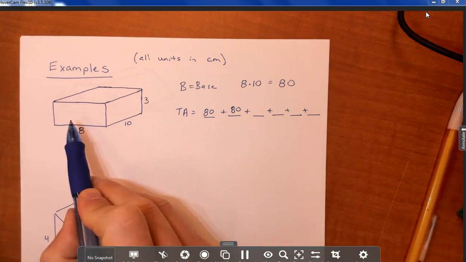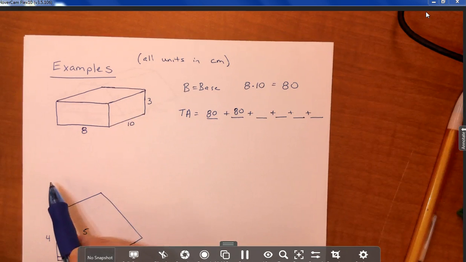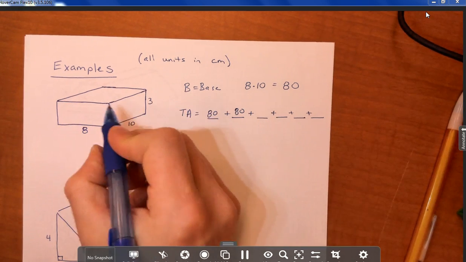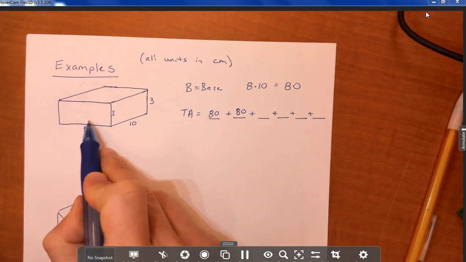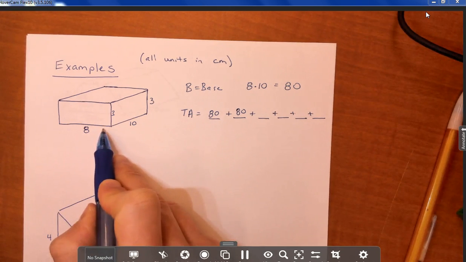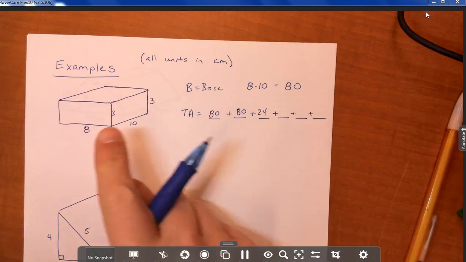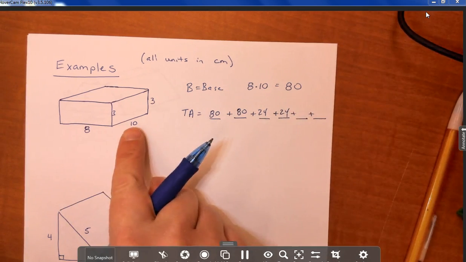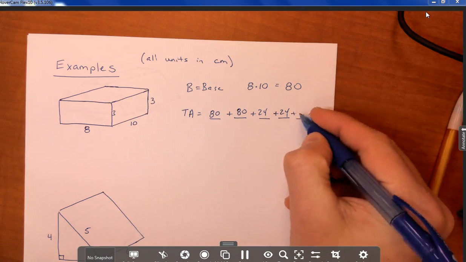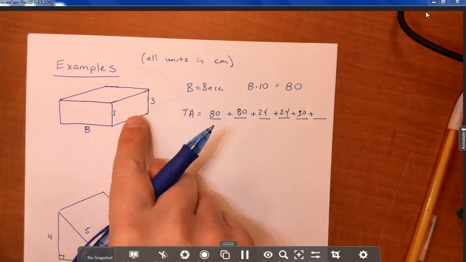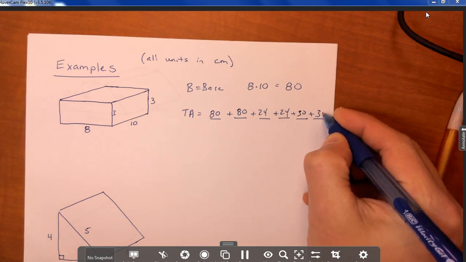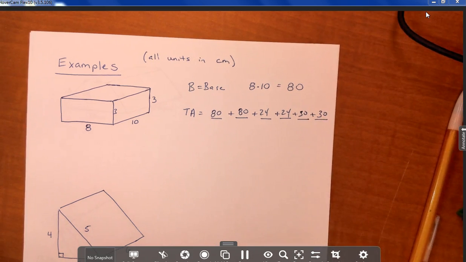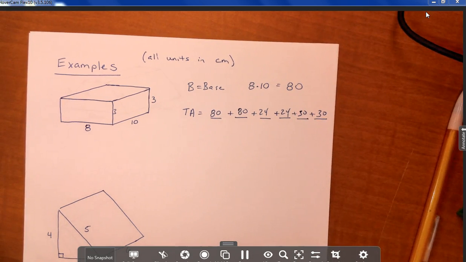Now, we can go around and find the area of each of these sides. We can see that the height is 3. So this front face is 8 times 3, which is 24. But then if the front's 24, the back is 24 as well. The right side is 3 times 10, which is 30. So if the right is 30, the left is 30. Okay, and then we just add them all up.